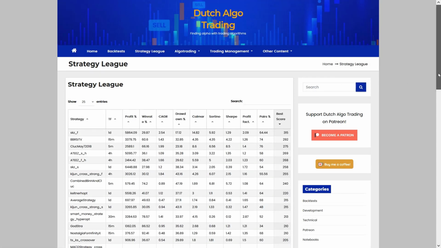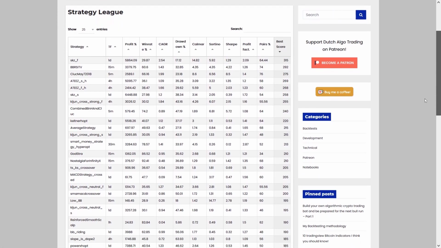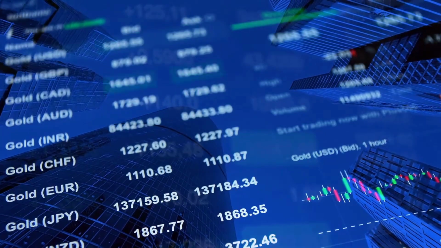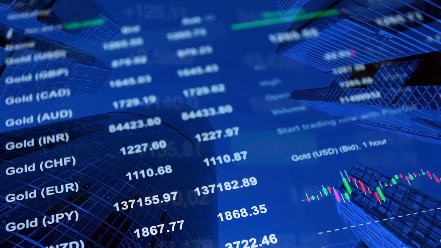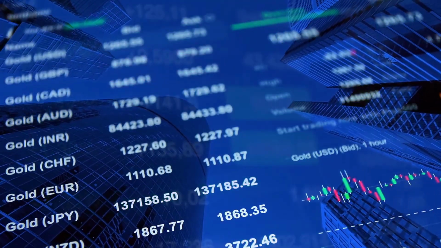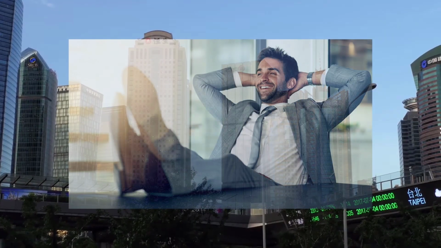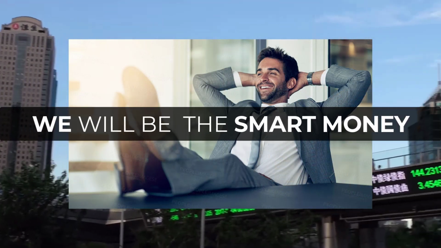But it does, however not in the way we expected. So let's keep it at this and put this information in the back of our minds for next time. We have to fail fast and often to find the ultimate trading strategy, and we will move forward so that we will be the smart money they will talk about in the end.